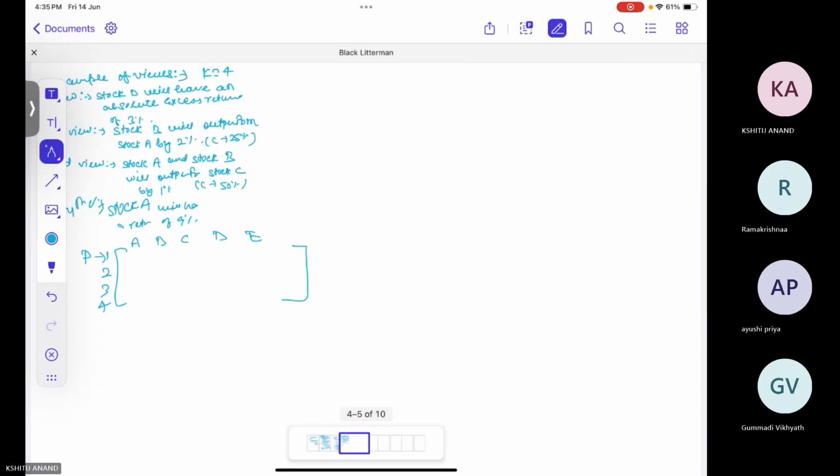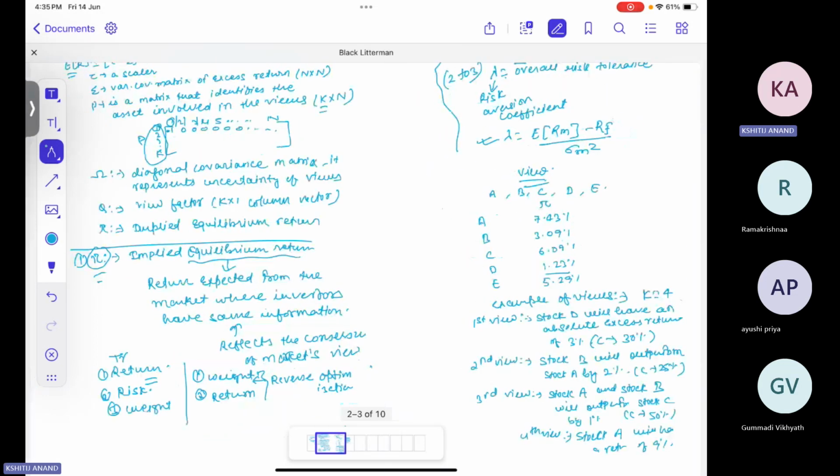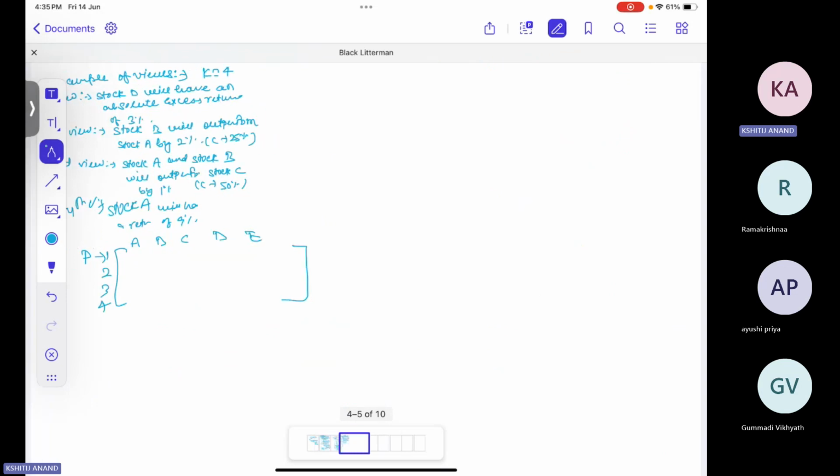What is the return of D? It is 1.23%. And what is the return that he is saying? It is 3%, right? So it is greater. The return was 1.23%, but now you have a return of 3%. So you are positive about it. You are basically outperforming, so you will assign 1 to it. If it was negative, then you would assign -1.